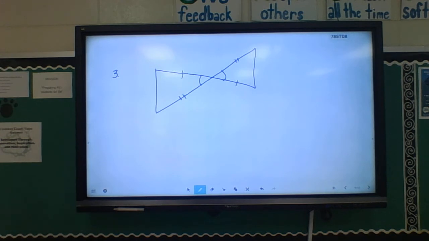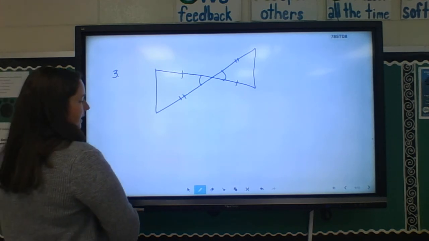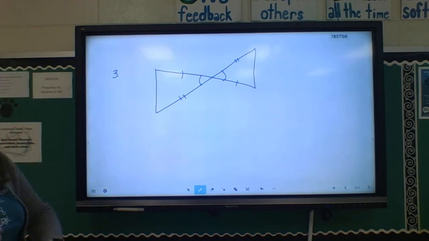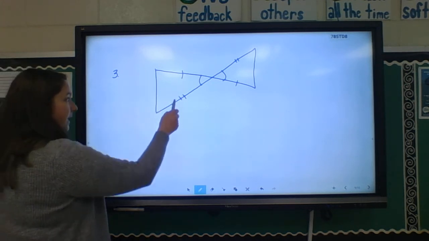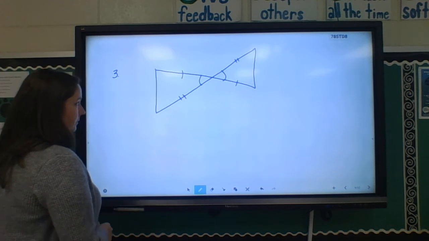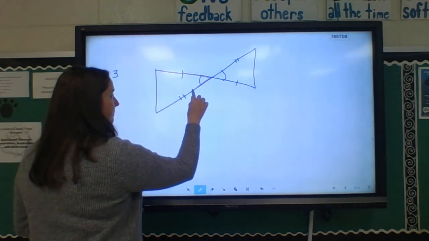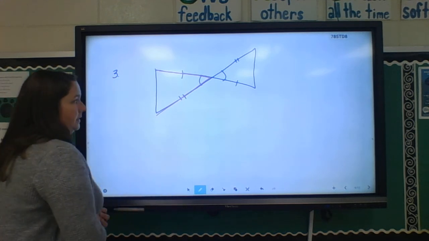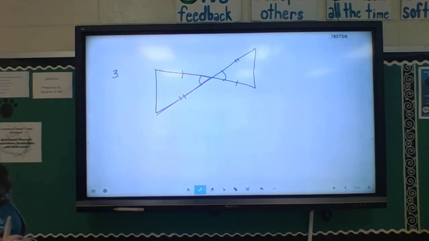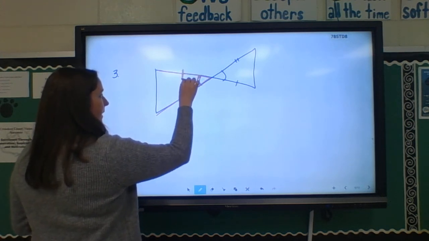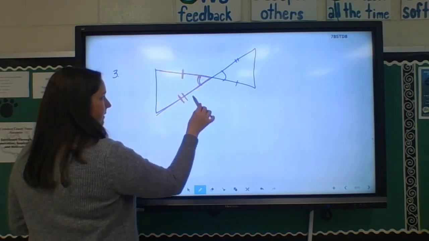All right, what about this one? Remember, do I have three sides? No. I have two sides and an angle, and my angle is in between the sides.